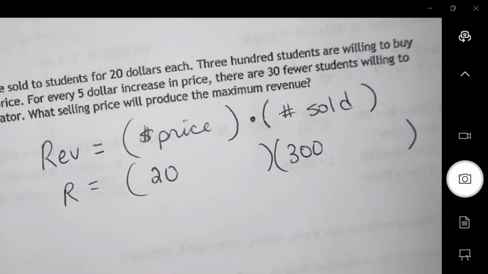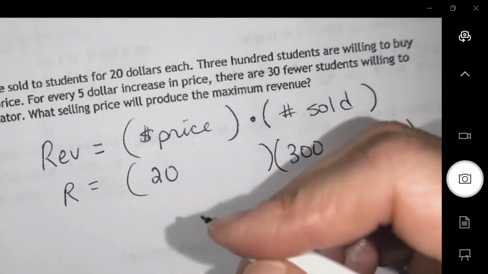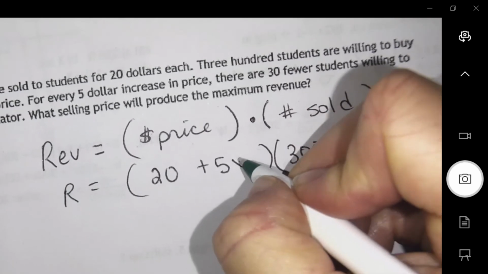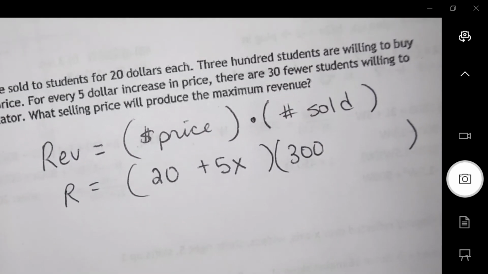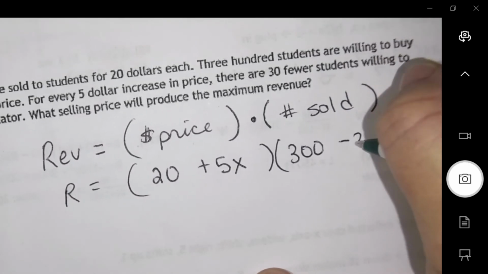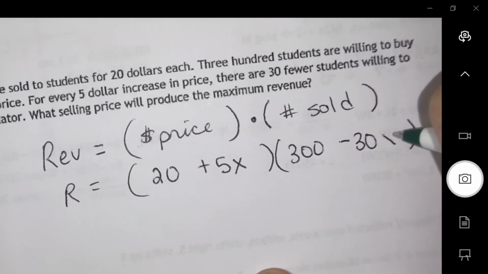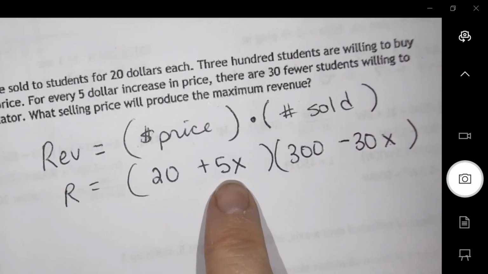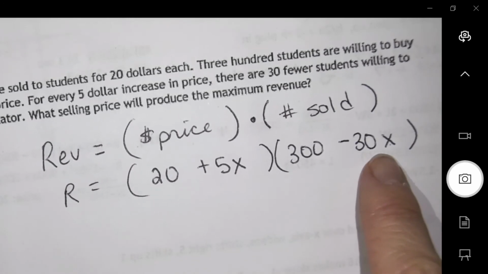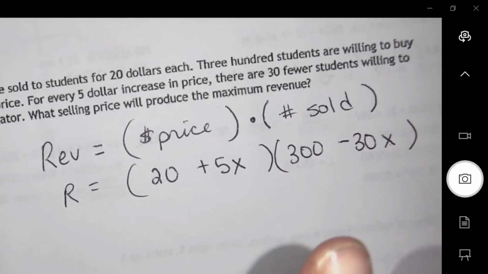For every $5 increase in the price, plus 5x, because I don't know, am I going to increase it 5 or maybe 10 or 15? I don't know. Then 30 fewer, but this has to have an x because if this goes up 10, this is going to have to go down 60, right? It's going to have to go accordingly.